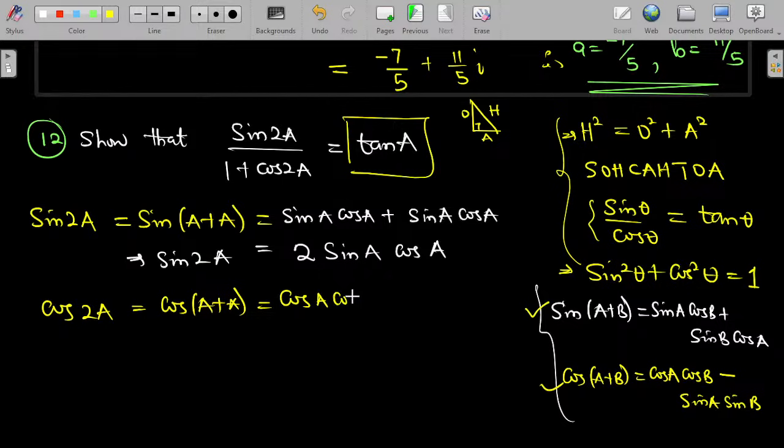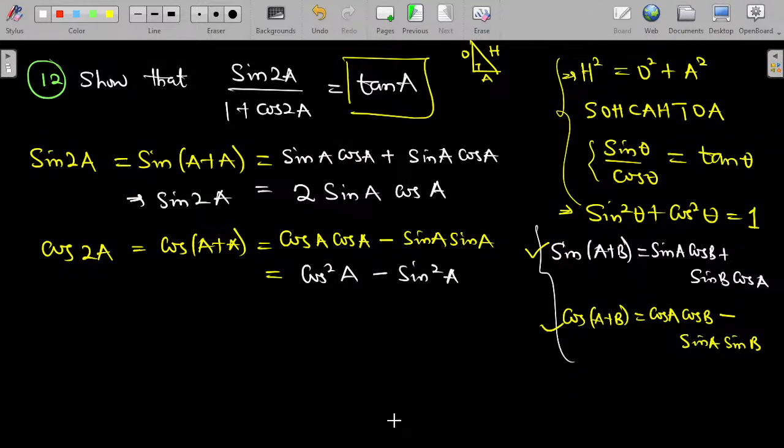So it will be cos a cos a minus sine a sine a as well. Right? And if you join these two, you will have cos squared a minus sine squared a as well. So that's how they got the hint they gave us here.